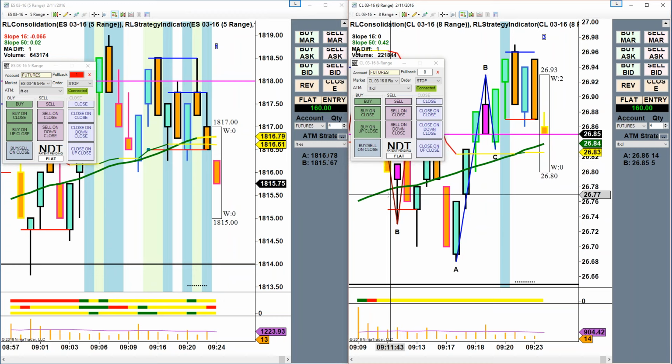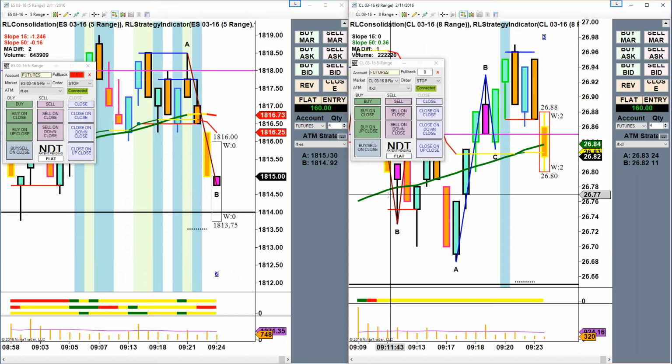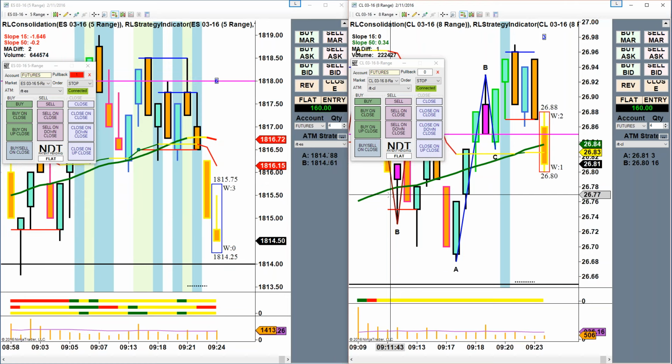Modified 15 on crude is yellow. E-mini is pushing down.